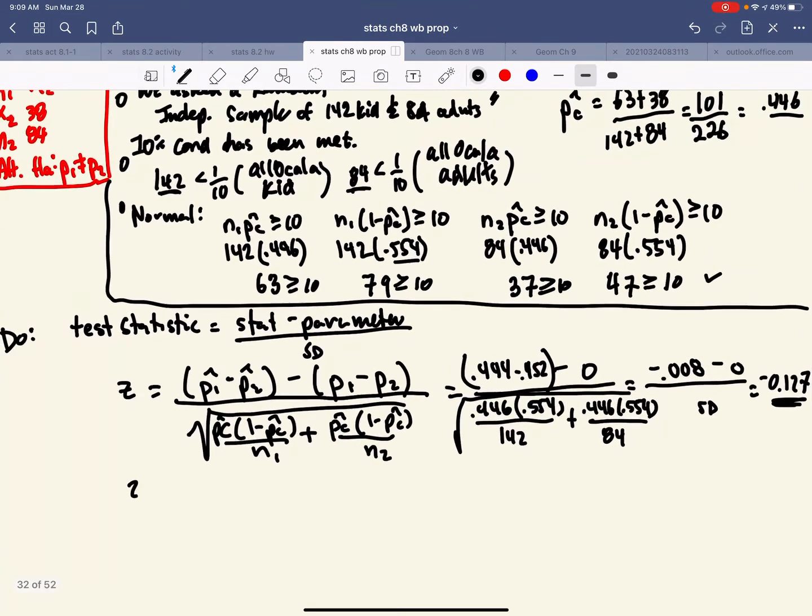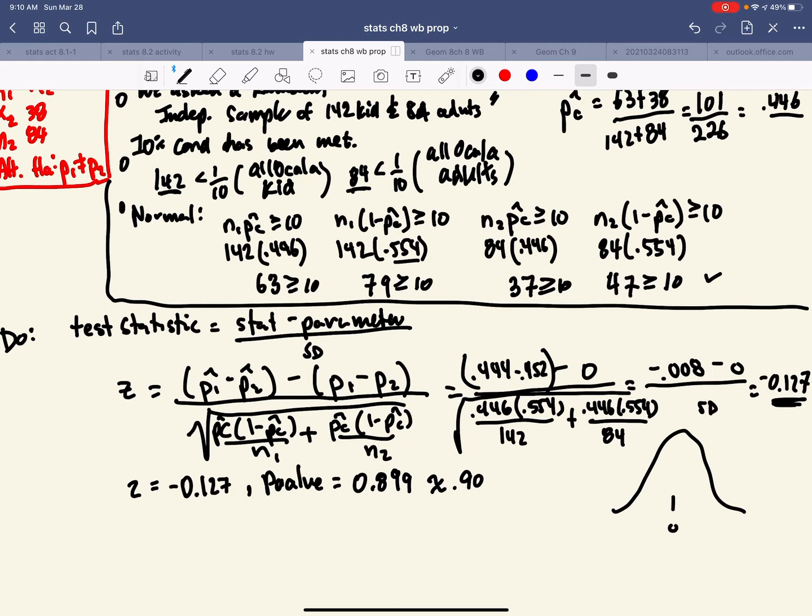And using table A, or again, just my calculator, from a z value of negative 0.127, we get a p-value of 0.899, or basically 90%. Okay, so what's happening here?